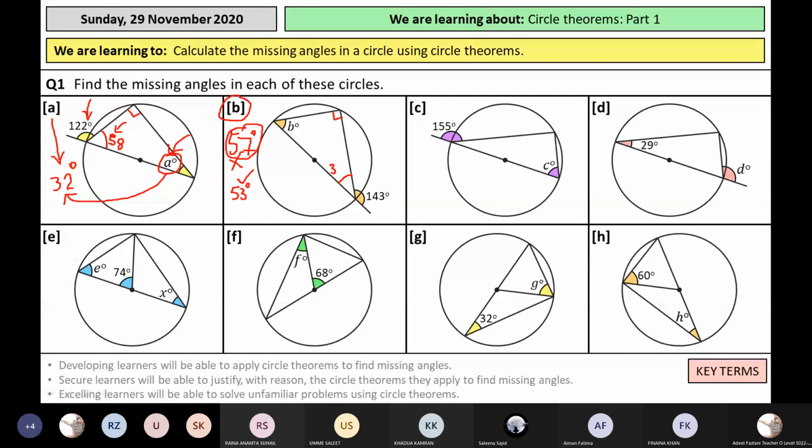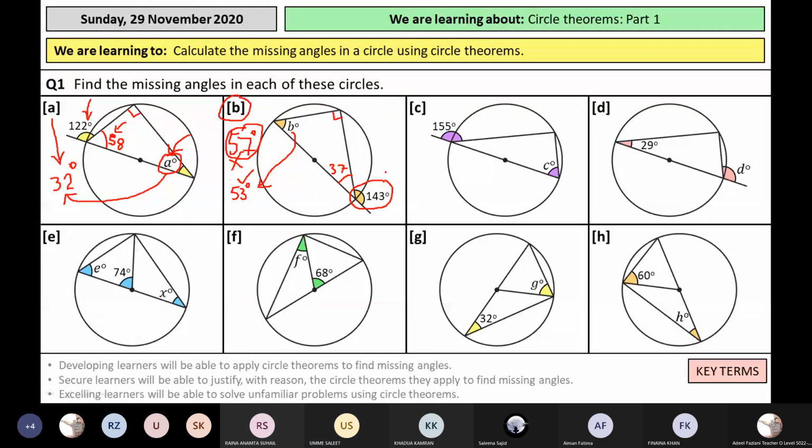Okay, if 37 is here, then this has to be 53. Yes or no? Yes, 90 minus 37. Yes, sir. Now there is no problem with this angle, Salit? Is this angle giving you a problem?